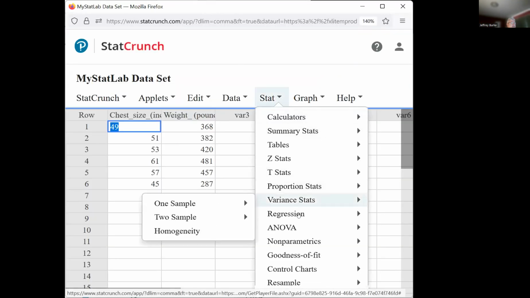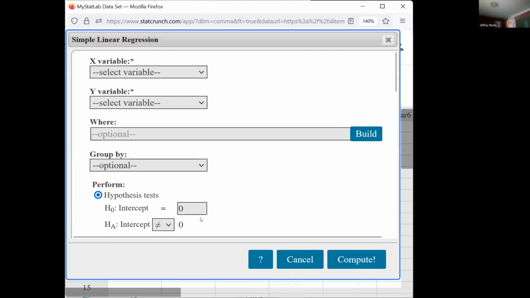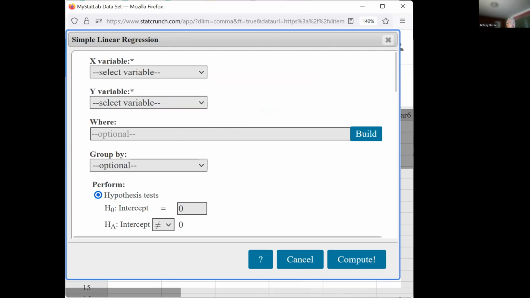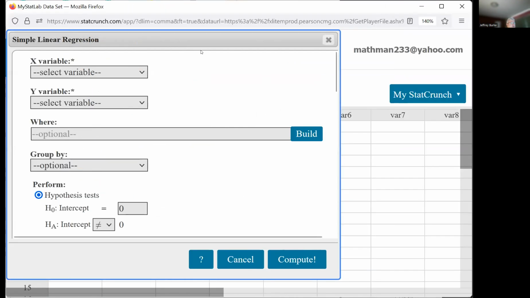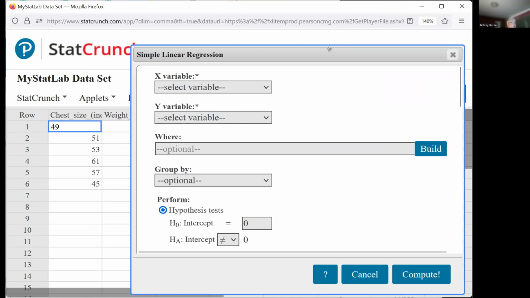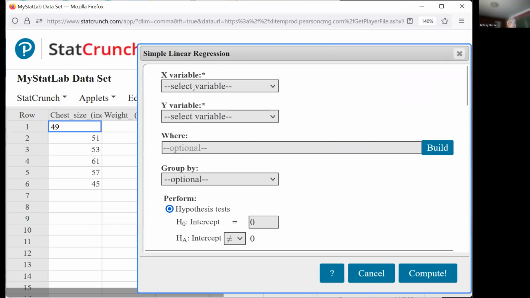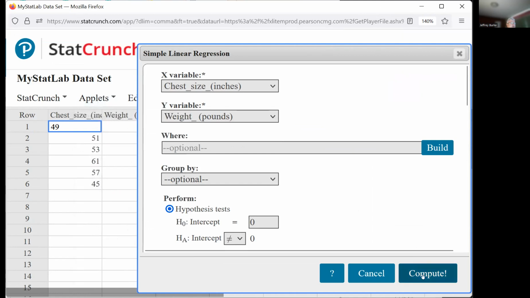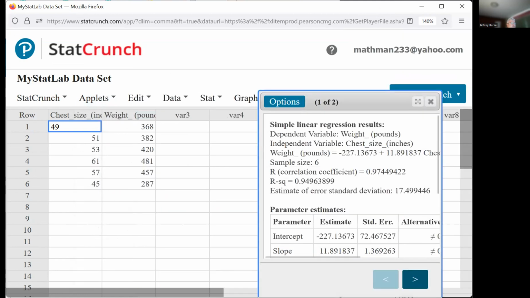I'm going to go to Stat, Regression, Simple Linear. So the chest size is the X and the weight's in the Y. There's always going to be an X and Y here. And then we hit Compute.